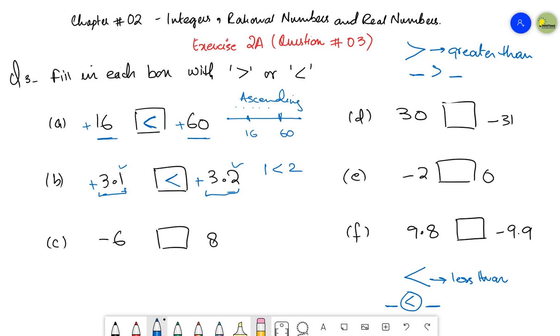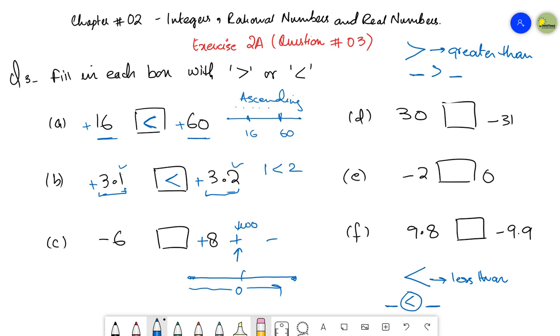Moving towards part C, I have a negative number and a positive number. Just keep in mind that if a number has no sign with it, it is a positive number. So I have two numbers, negative and positive. This is very obvious: whenever you have two numbers, one positive and the other negative, the greater one will be the positive one. Why? Because on the number line, you all know that the positive numbers come after the negative ones, right?